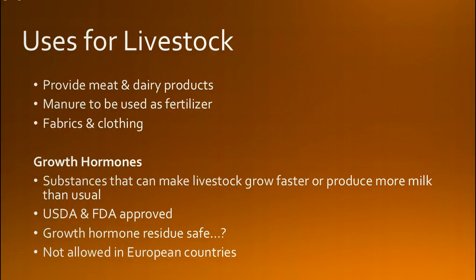Growth hormones are talked about on the next page, when we're talking about livestock production and care. Growth hormones are substances that can make livestock grow faster or produce more milk.